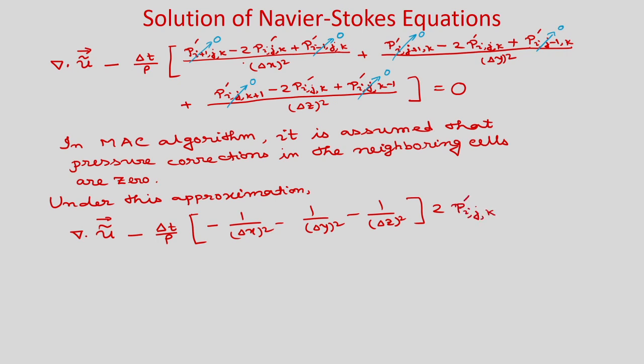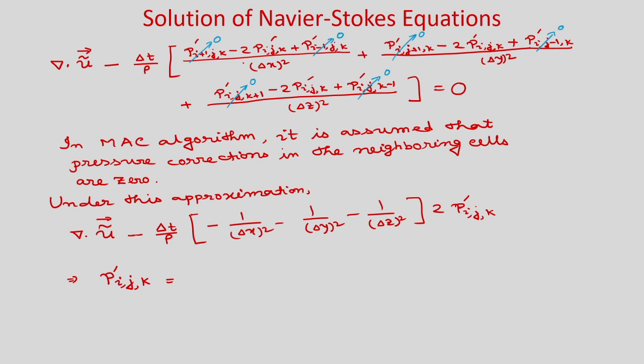So, you can see now this is the equation for pressure. You will get the pressure value from this equation. So, you can write p prime i j k.